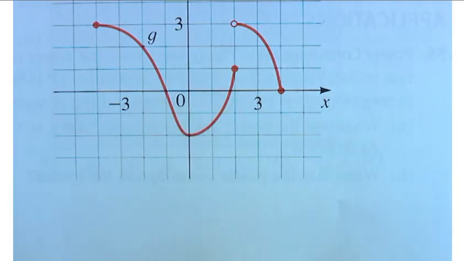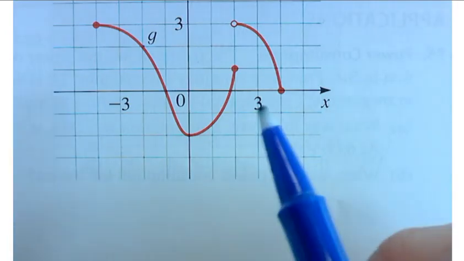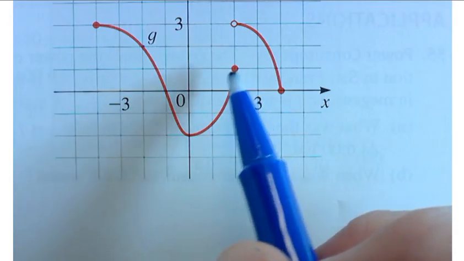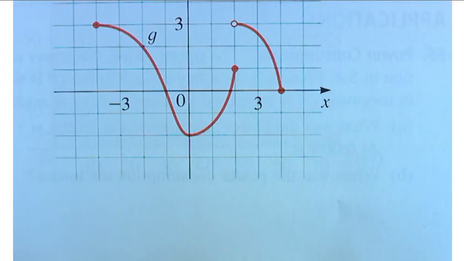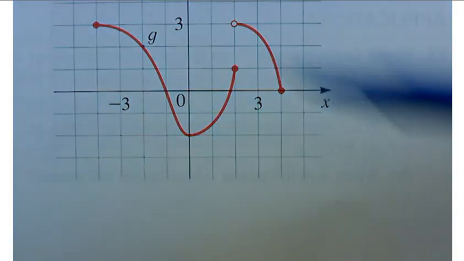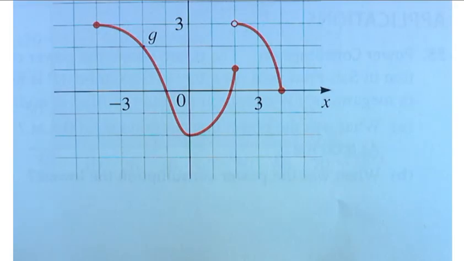Negative 4 to 4. So that's your domain. There'd be a hole in the domain if that was a hollow dot as opposed to a solid dot. But it's solid. So the function is defined here at x equals 2. There are no gaps, so the domain is negative 4 to 4.